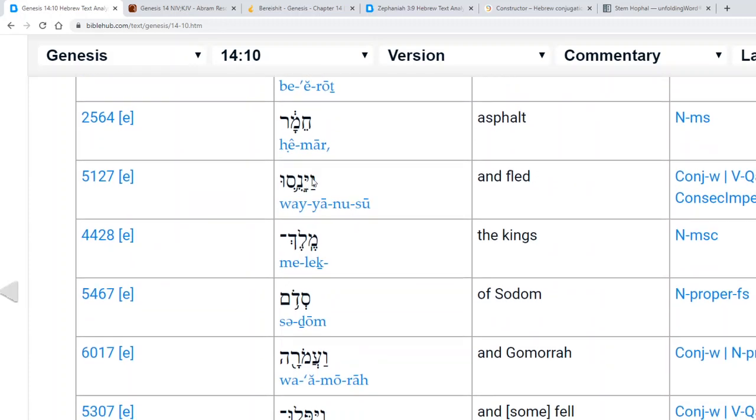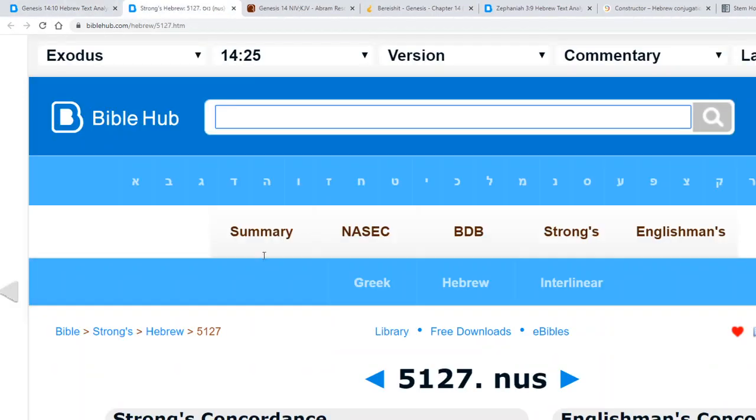Okay. Vayanusu. So conjunctive vav. Yanusu. The yud is putting it in the imperfect. So the roots, I would actually say here is aleph nun sin.